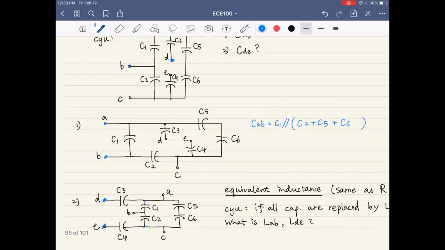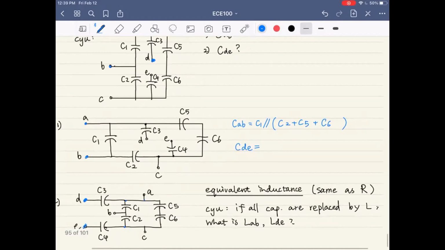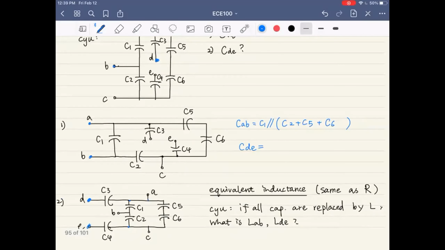So let's take this as a whole, and we know that it should be C3 in series with something. A notation: the plus here means series relationship, not that I literally add them together.